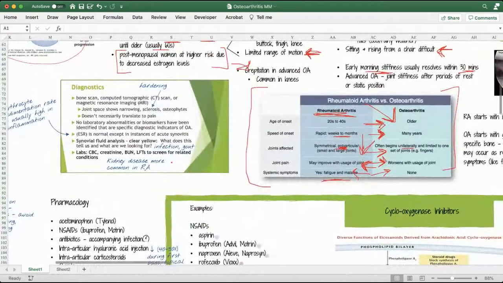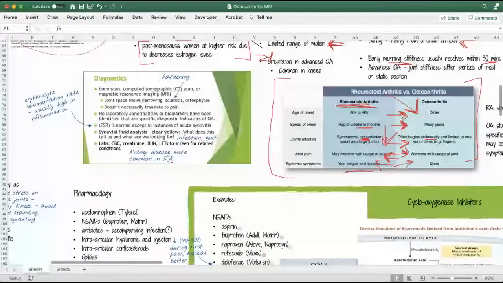So how do we diagnose osteoarthritis? Usually it's a matter of doing a history. The patient comes in and tells you they've had this pain. You do a physical exam. And then the big thing is to do a bone scan or a CT scan or possibly an MRI.